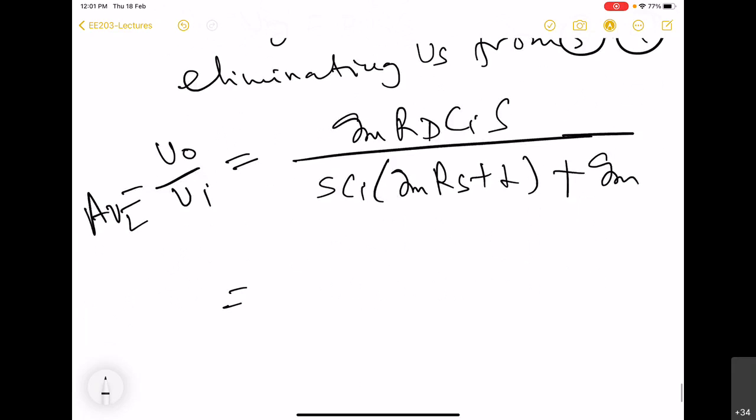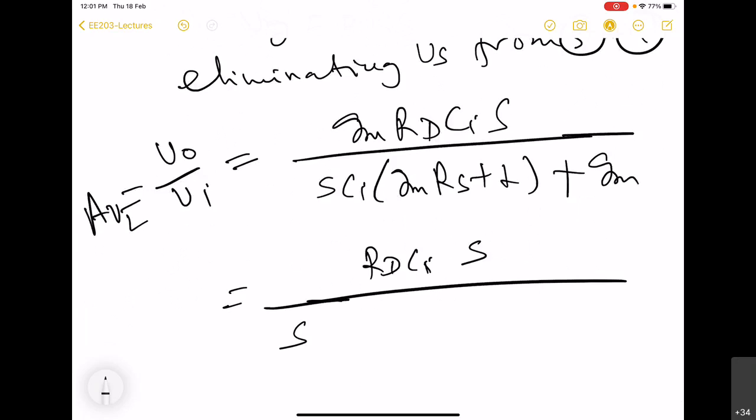So if you write this thing in standard form, what we will get is Rd Ci S divided by S into Ci Rs plus 1 by Gm plus 1.